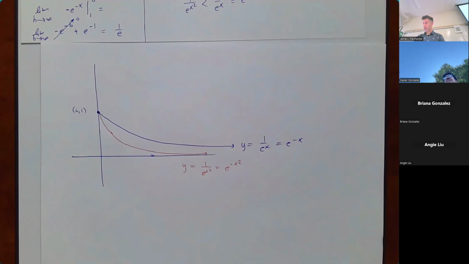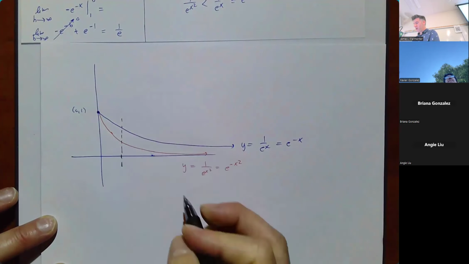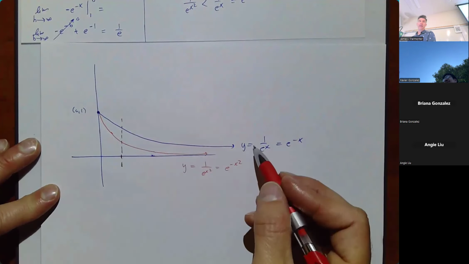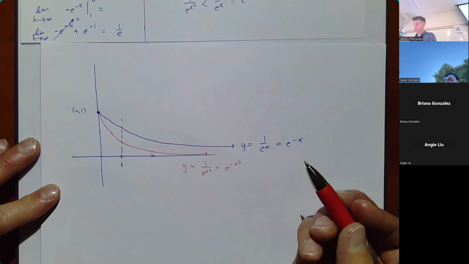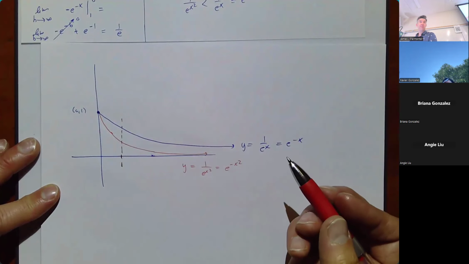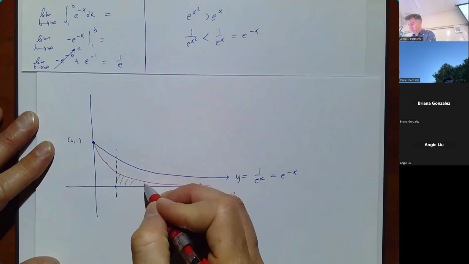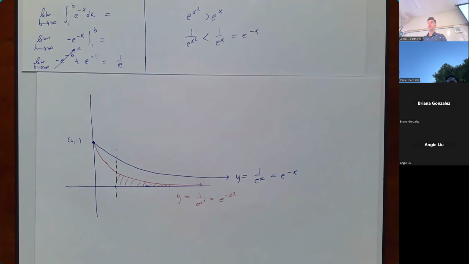So if the area under the curve starting at 1, the area under the blue curve, is finite, which it is, we just showed that it was equal to 1 over e, then this area in red, which is less than the area under the blue curve, has to also be finite.